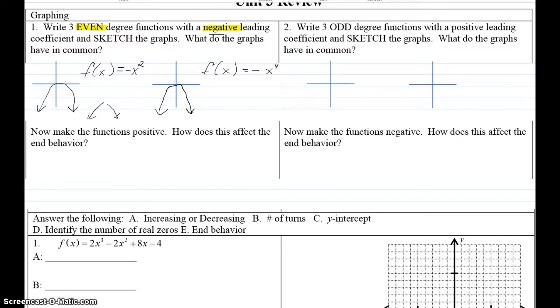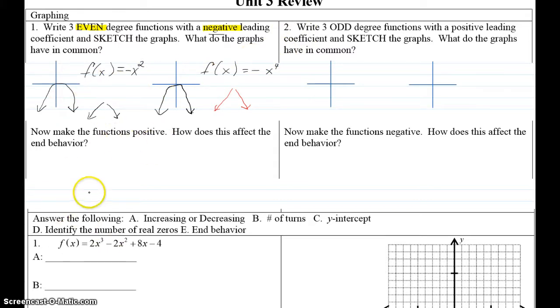Choose a different color. So as I go to negative infinity, my function's going down. As I go to positive infinity, my function's going down. And both of these graphs have this in common. If I had x to the 6th, same thing. They have the same end behavior.